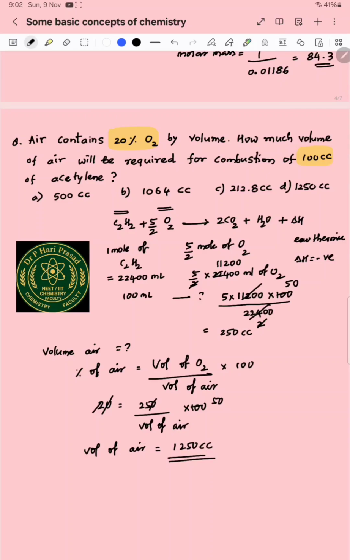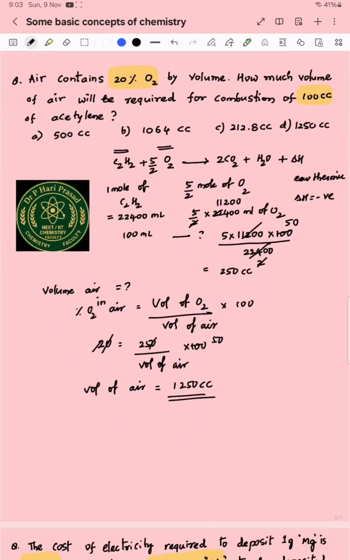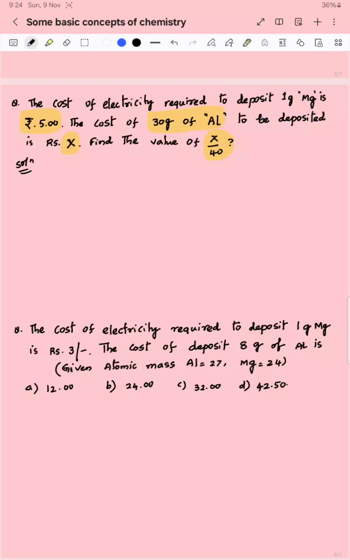Okay. So the percentage of O2 in air is equal to volume of O2 divided by volume of air into 100. Generally volume by volume percentage is equal to volume of solute divided by volume of solution into 100, right? So same pattern. We get the answer 1250 cc, right?